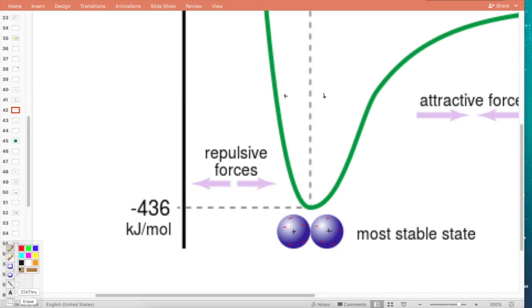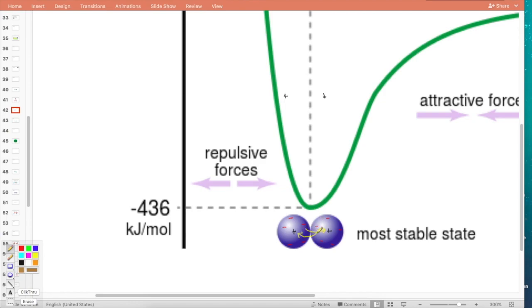So this is what we would see. The negatively charged electrons of this atom are going to attract to the positively charged nucleus of this atom. The negatively charged electrons of this atom are going to attract to the positively charged nucleus of this one. So we have attractive forces.